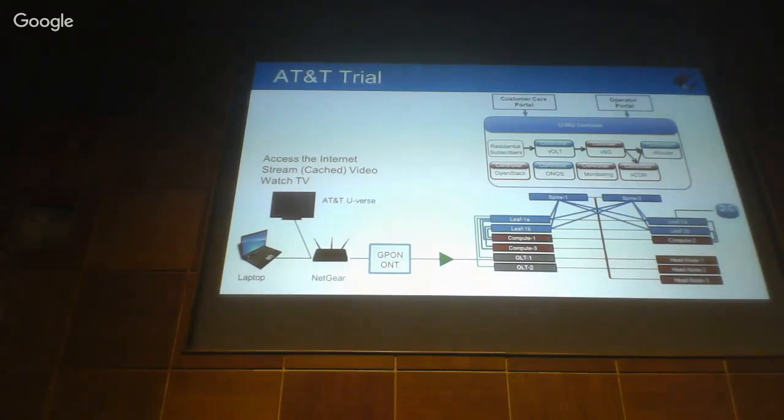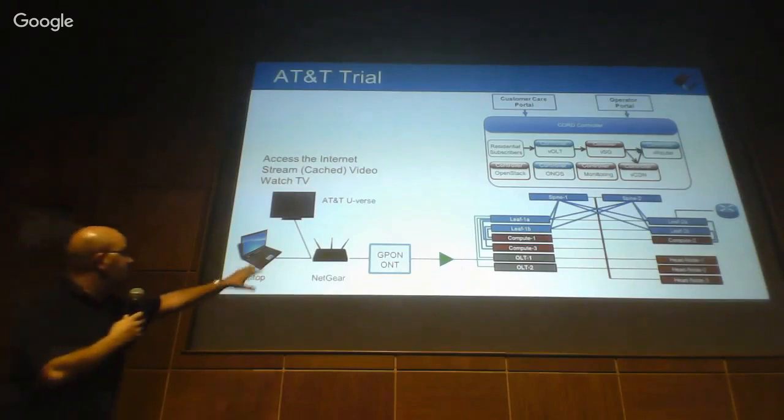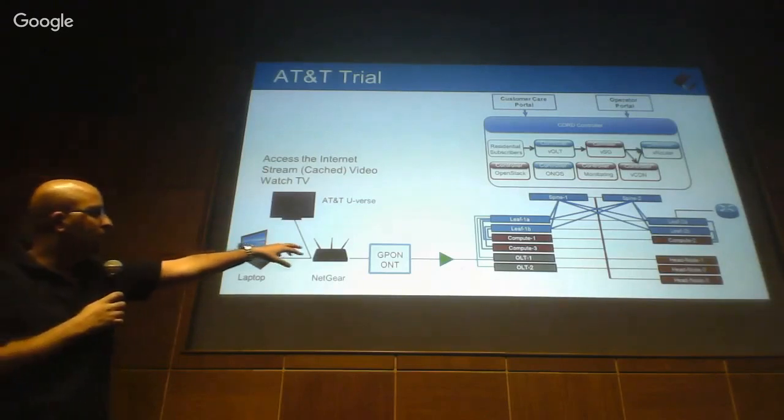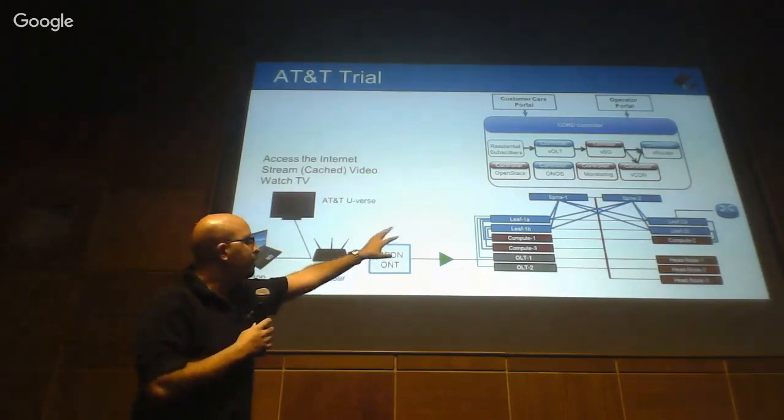So putting all the pieces that I've talked about together, we have the home residence here with the Netgear device, which is what we use in our demos, basically a Netgear flashed with OpenWRT. We have a GPON ONT that connects to the OLT. Then we are in the fabric.